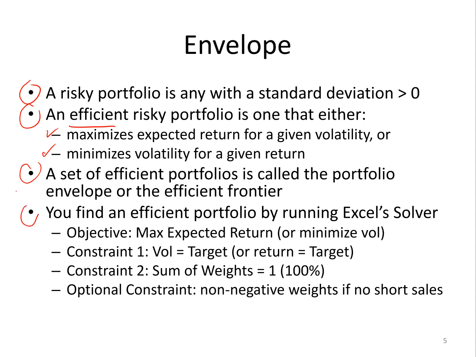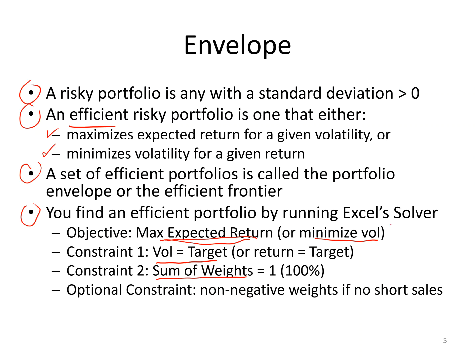Now we're going to find that envelope of efficient portfolios by either maximizing expected return or minimizing vol with constraints. If I'm going to maximize mean return, my constraints will be to set a vol target and make sure all the money is allocated, the sum of the weights equals 1.